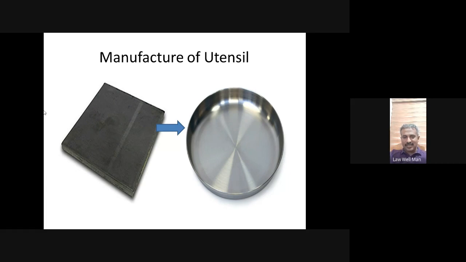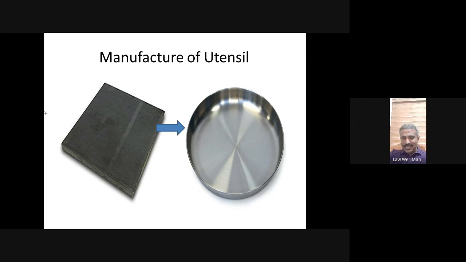I invite your attention to the pictures on the screen, and it's like this. You have a raw piece of steel, black in color, on the left side. This is what I could gather when I typed raw steel in Google images.